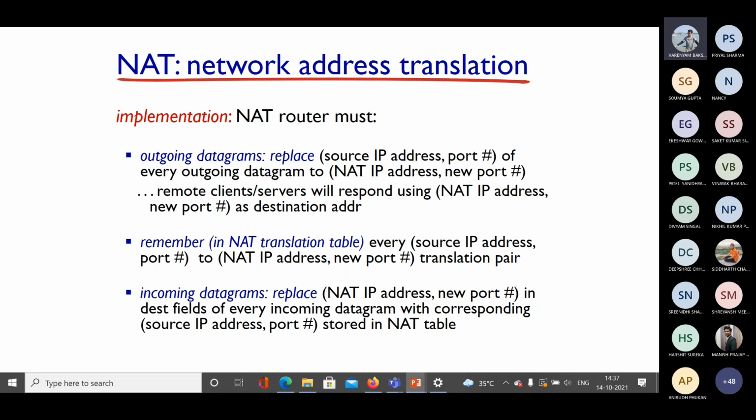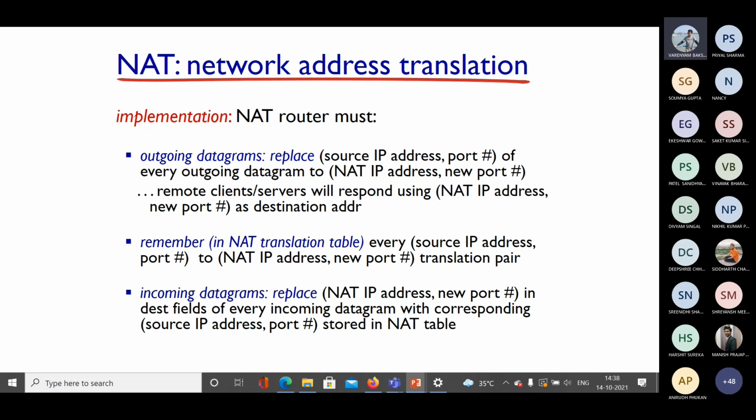The table has to remember which host in the organization was sending a datagram and what it was translated to, so that if a corresponding datagram is received from the outside world, it knows which particular local host in the organization the data has to be forwarded to.